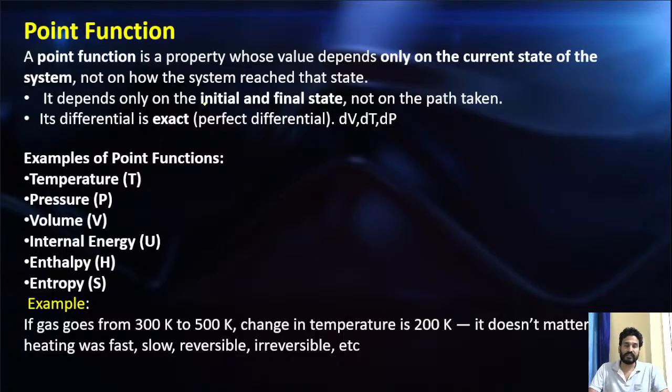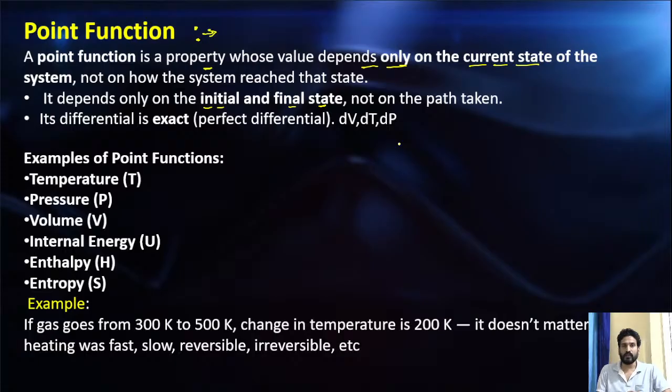So, as its name suggests, a point function is basically a property whose value depends only on the current state of the system. Or you can say it only depends on the initial and final state, guys. So it does not depend upon the path taken.